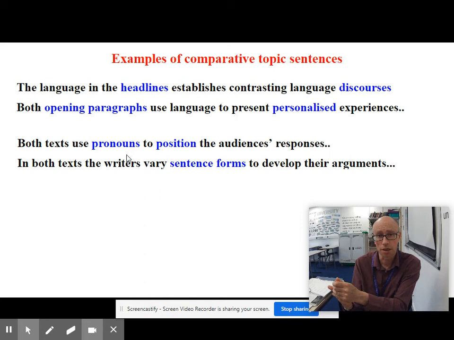You then have first person plural pronouns like we, us, and our, which are often used in an inclusive, collective way. And then you've got your second person pronouns, which are often used for direct address.